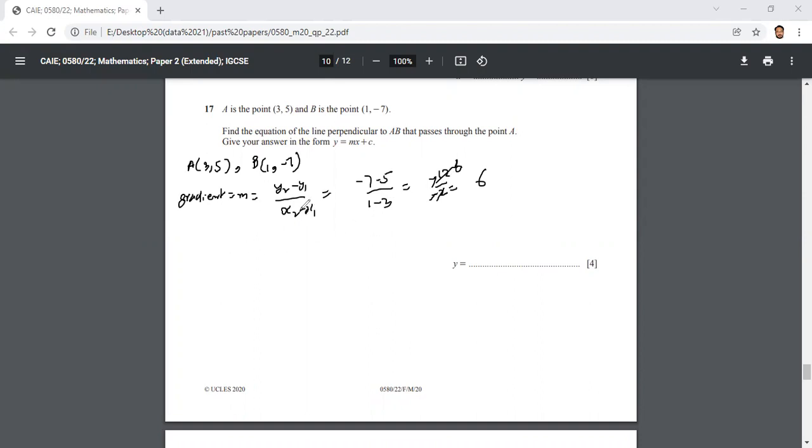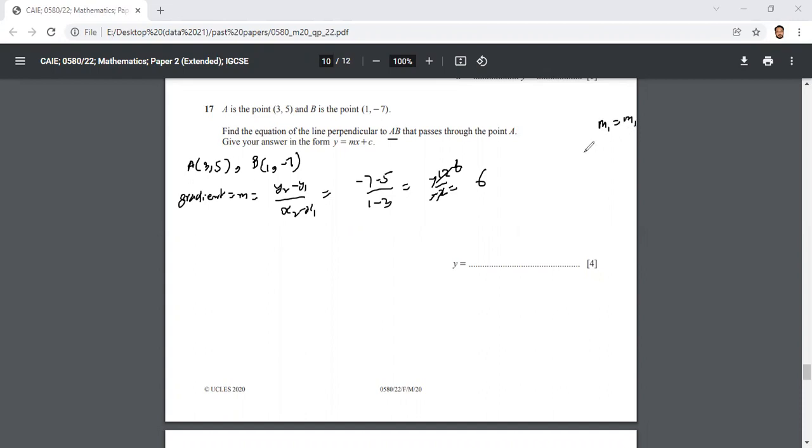Now we have found the gradient, but this gradient will not work on its own. Why? Because we must find the equation of the line perpendicular to AB. So for perpendicular, we must know the gradient which is perpendicular. When lines are parallel, we say the gradients are the same.